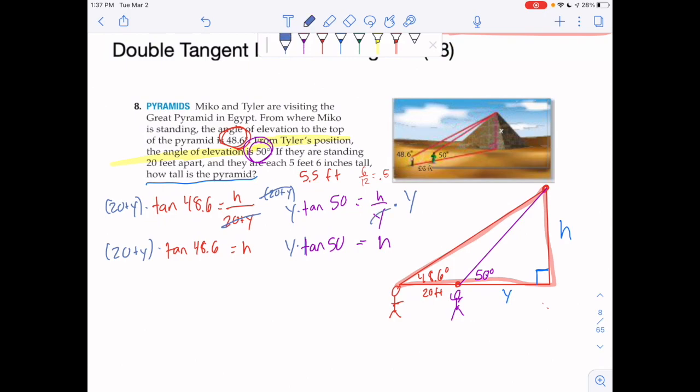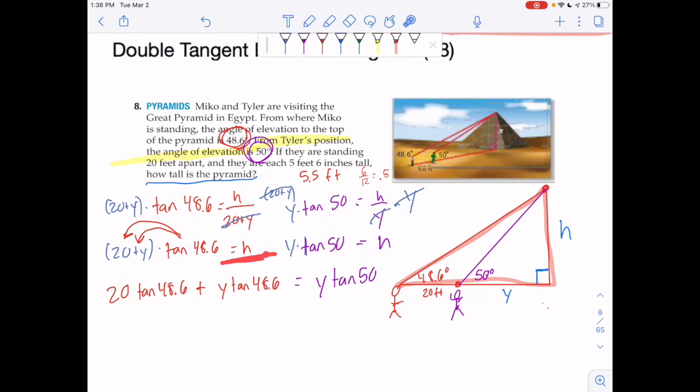And of course, the y here will cancel. This is where you have h and h. So now you can set these two equations equal to each other. I'm just going to distribute here too, to make it a little faster. So this here will be 20 tangent 48.6 plus y times tangent 48.6. This should equal y times tangent 50, okay?